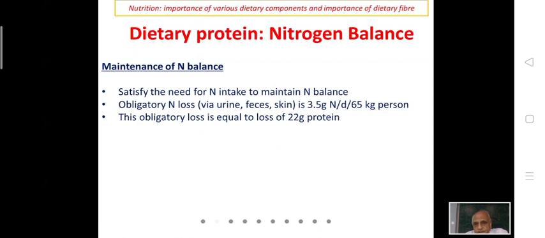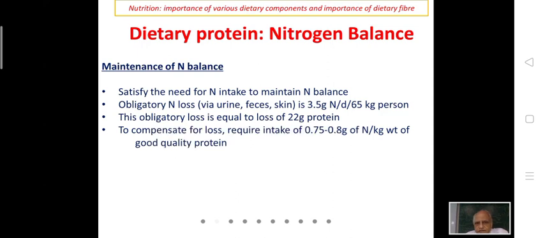You see, this is obligatory. You are going to lose 22 grams of protein every day. So you need to take at least 22 grams or 50 grams of protein per day. That is recommended also, but it has to be more than the obligatory loss. To compensate for the loss, you require an intake of about 1 gram of protein per kg of body weight of good quality protein.